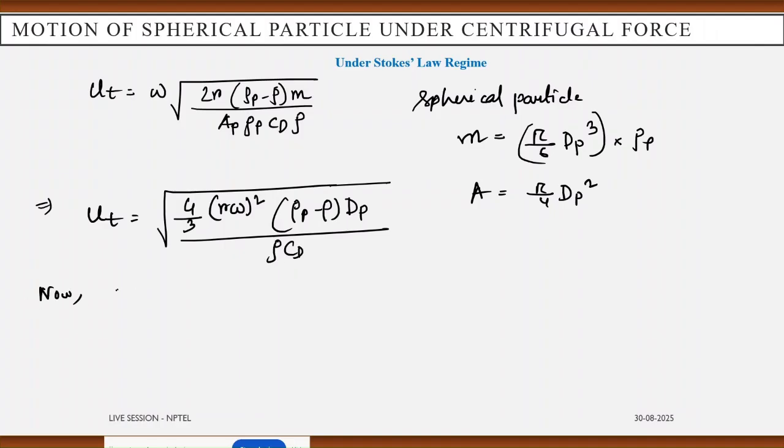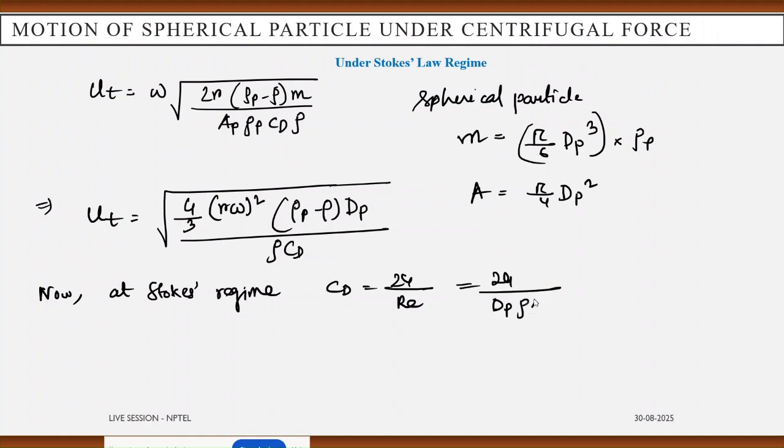Now at Stokes regime, CD equals 24 by RE, or 24 by (d rho u by mu).